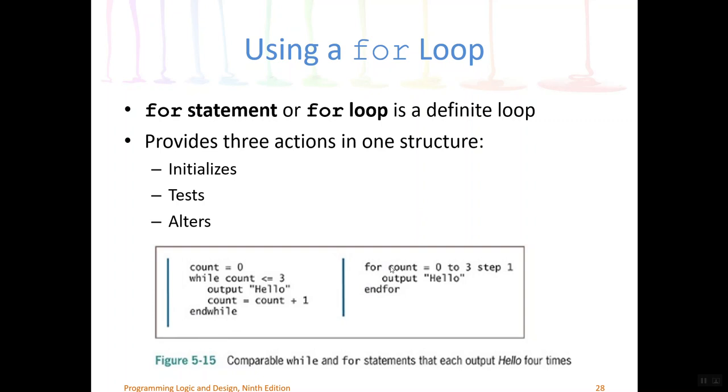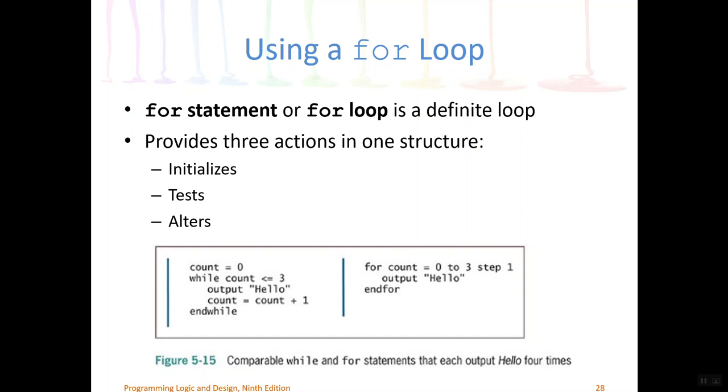After the keyword for comes the initialization statement. Count equals 0 initializes count to start at 0, and it also has the test for how many times we're going to go through this. It says start count at 0, go up to 3, and the 3 is inclusive, meaning that when count is 3, it will continue to execute.